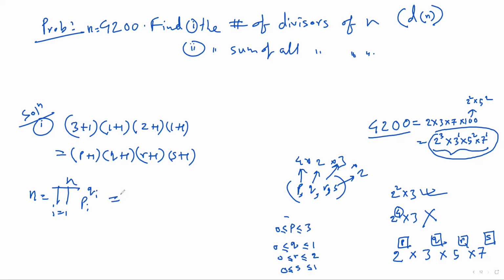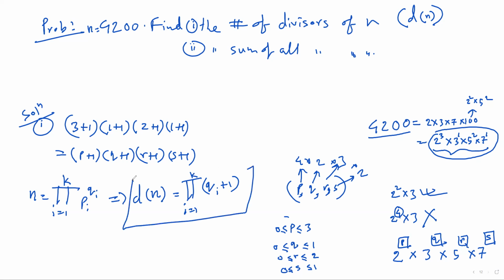Let's write k as the highest index. So the number of divisors of n is going to look like this: the product of the powers qi plus 1, i equals 1 to k. So this works like a formula, right? Please let me know if there is any confusion here in the solution process of problem number 1.